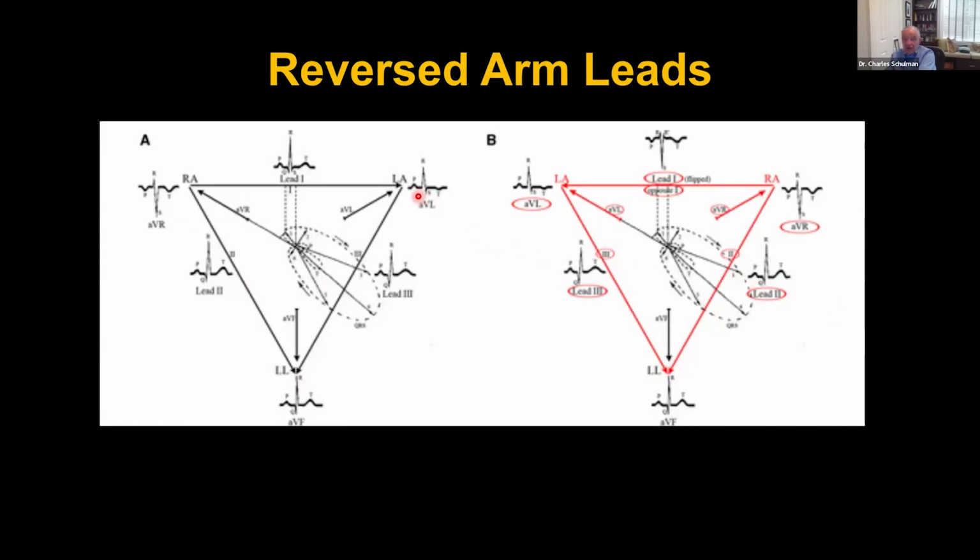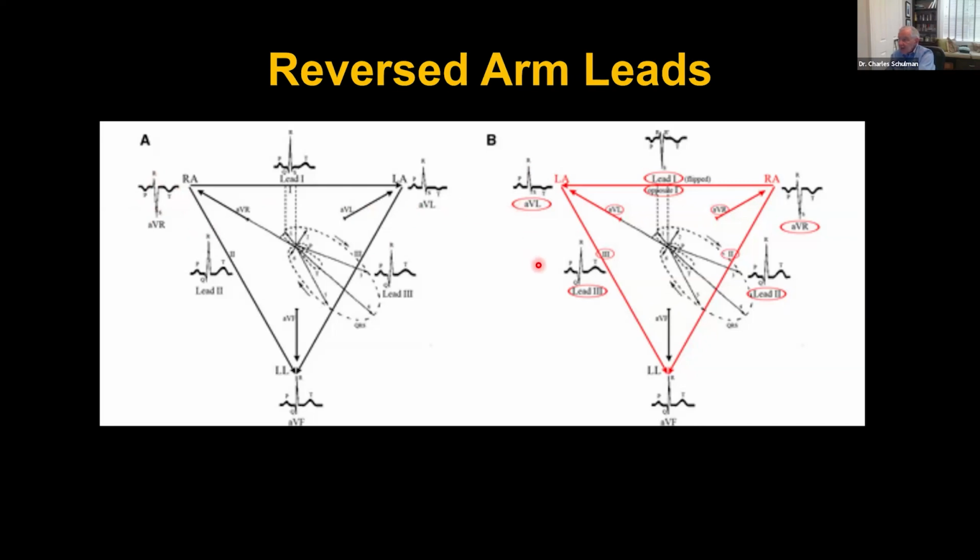If you reverse the right arm and the left arm, instead of lead 1 looking like this, it looks like this. And instead of AVL looking like this, it looks like this. You see what I mean? AVR, instead of looking like that, looks like this.